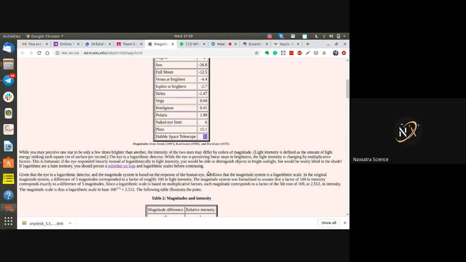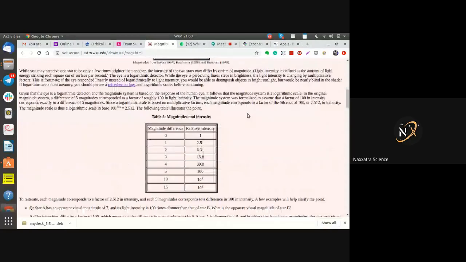It can't happen, right? Your eyes would get fried. So the way nature has evolved our vision is to keep it logarithmic. So you see something like a 10-fold increment for a 1,000-fold increase in actual brightness. Okay, so we'll come to what a logarithmic scale might look like and stuff like that.